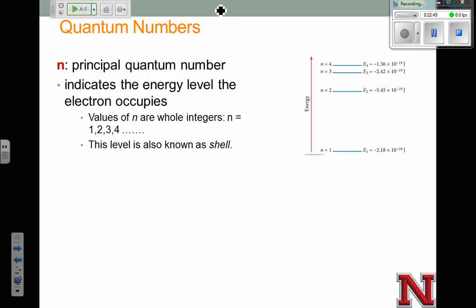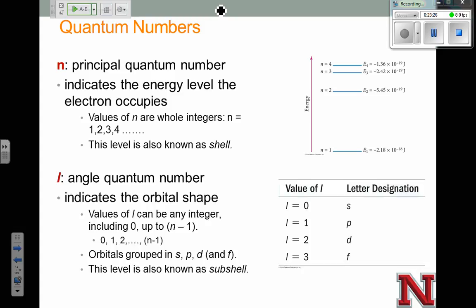So the highest n they're going to have is 2. But it's also going to have a 1, because it has to have a 1 and a 2. But the most it's going to have is a 2. When we get to 3 and 4, we won't really care about those as much in this particular class. There are some cases where reagents use metals that have higher energy levels. And again, phosphorus and sulfur are sometimes talked about, which are in, of course, 3. But we usually care about 2.